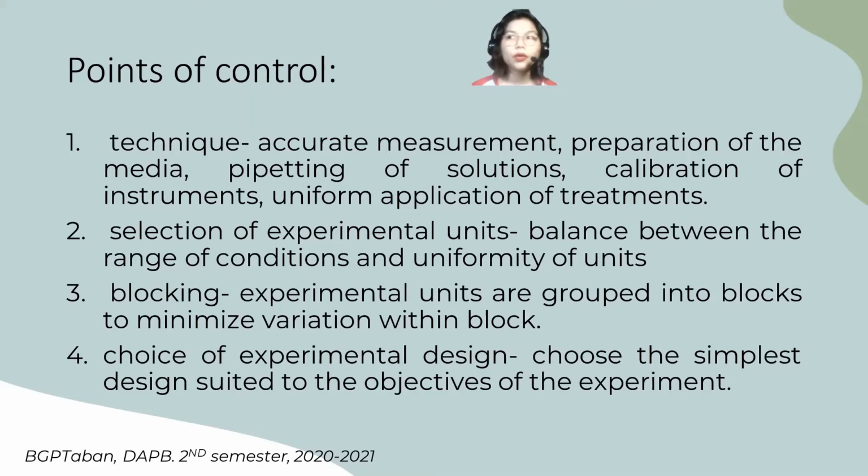Then we also need to calibrate the instruments that we're going to use. For example, you are going to determine the weight of the leaves, or the weight of the kernels, or the weight of the swine, or the weight of the sheep. We must ensure that our weighing scale is actually well calibrated. Say the scale is faulty, and what happened?